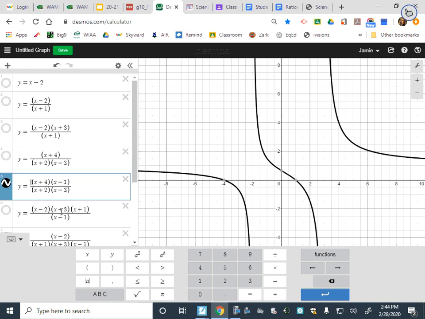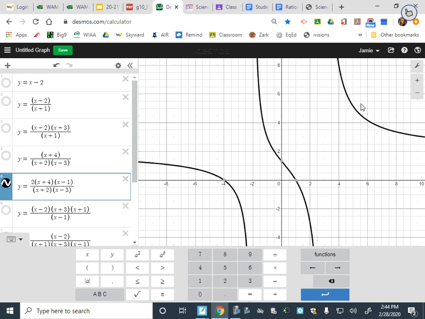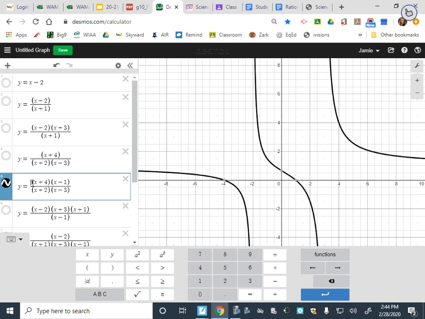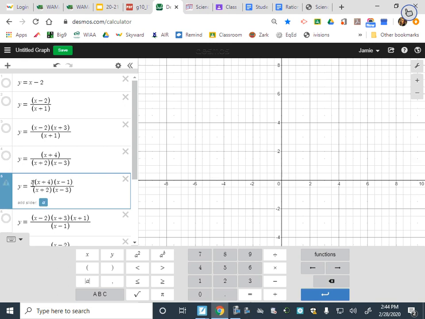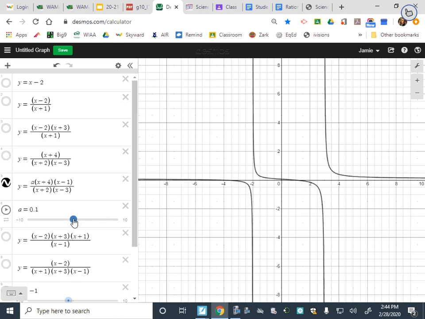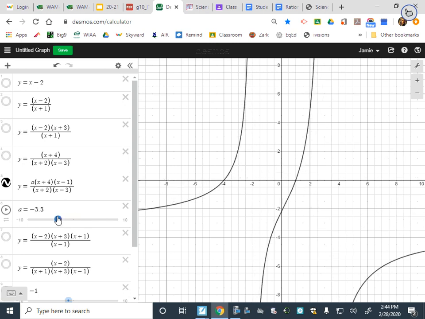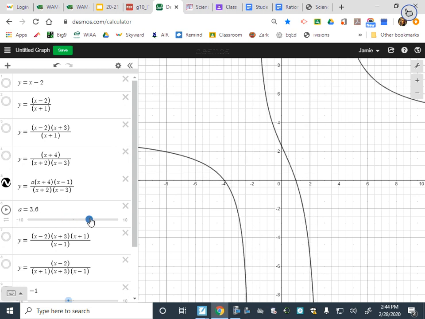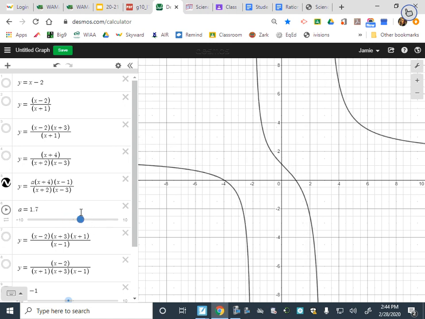If I put a 2 in front of this, then did you see what happened? In fact, this has a nice feature in here. I'm just going to put an A there and add what they call a slider. And as I change my values of A, I can see what happens to the graph.